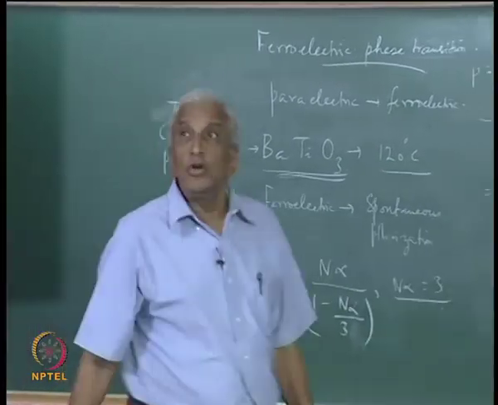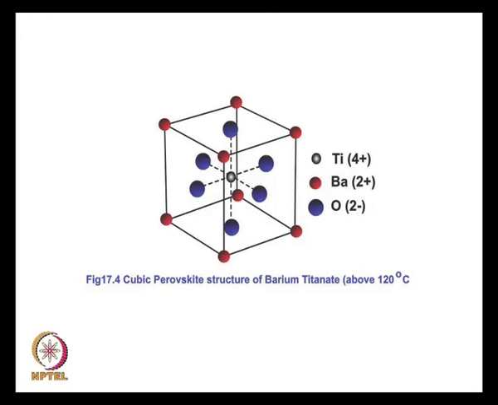So, this is shown in this picture. The cubic perovskite structure of barium titanate is shown in the figure. This is the structure of the barium titanate. The titanium ions are at the center of this cubic cell and surrounded by an octahedron of oxygen atoms, and then the barium atoms occupy the corners of this cube.